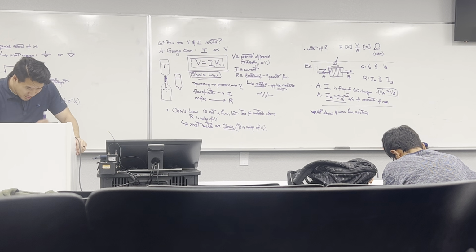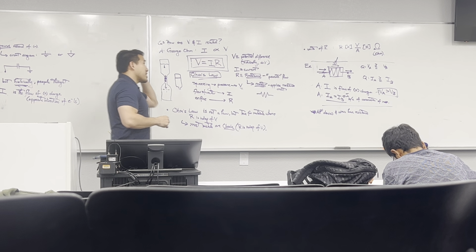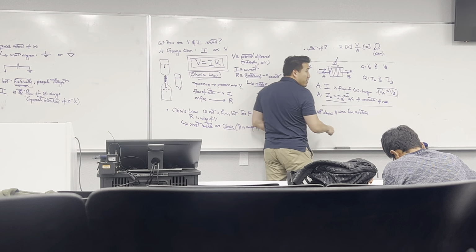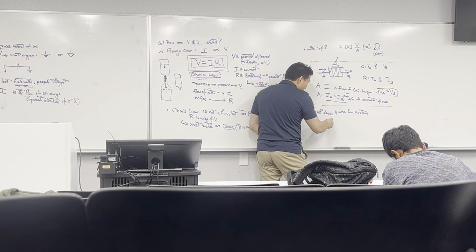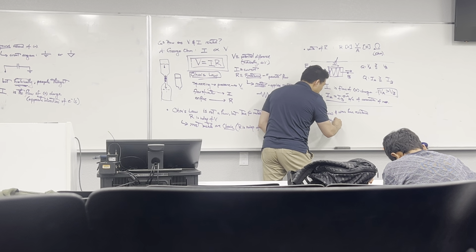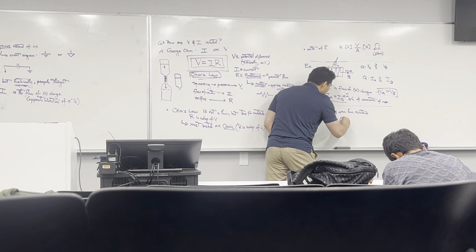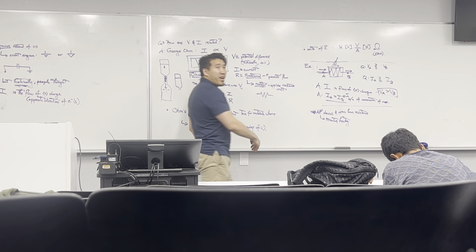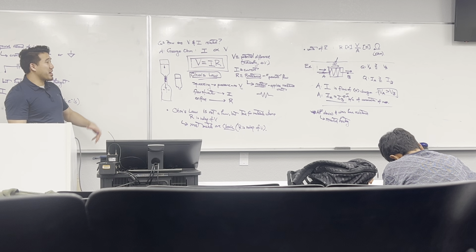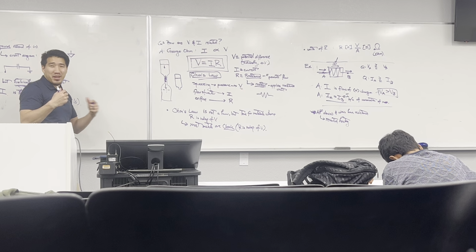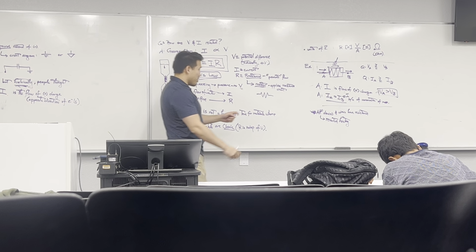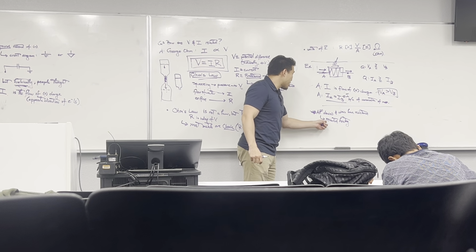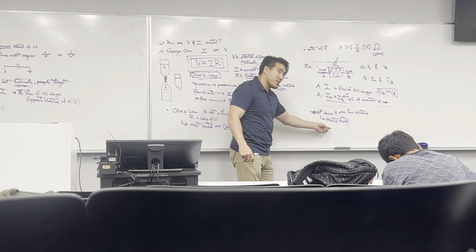Alright, so all devices and wires have resistance, not just resistors. And there is a phenomenon called resistive heating, where as the electrons are flowing, they bump into the atoms, and that bumping into the atoms is what causes the resistance.